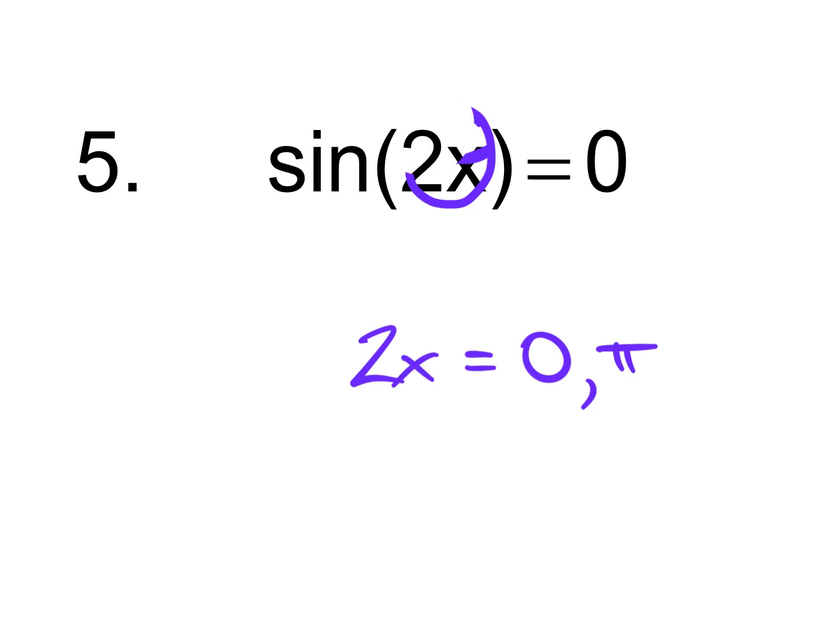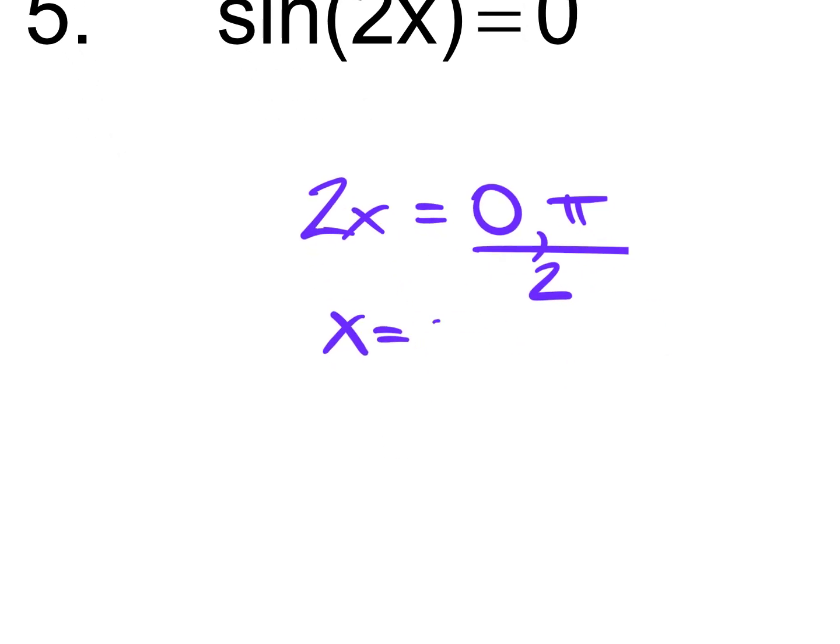That means I am one step from my final answer. What do I have to do to my answers to solve for x? Divide by 2. What is 0 divided by 2? 0, and what is pi divided by 2? Pi over 2. Now, that's not very hard to do, is it?